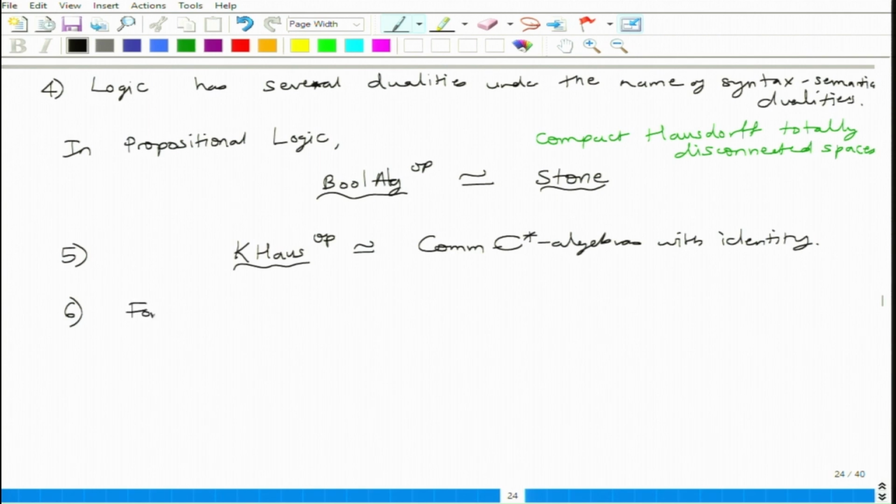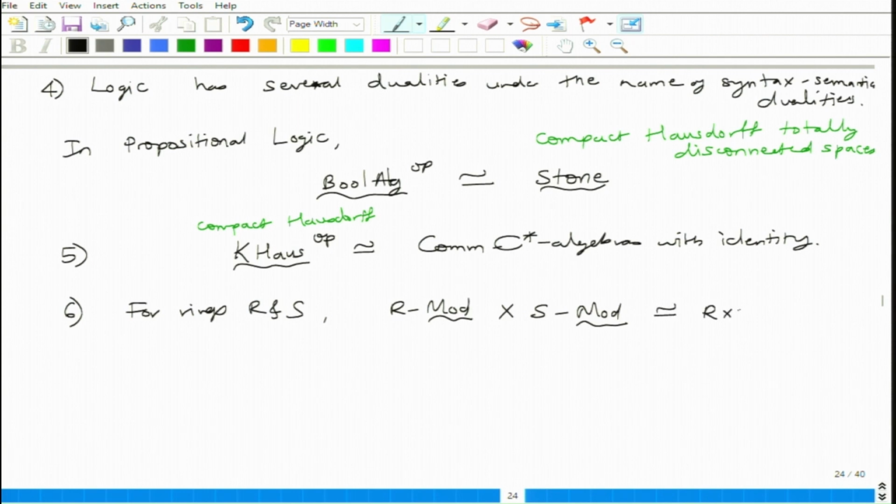Another thing: for rings R and S, let's say commutative rings. K-Haus is compact Hausdorff spaces. If you consider the category of left R modules, and then the category of left S modules, one simple example is that this category is equivalent to the category of R cross S modules.